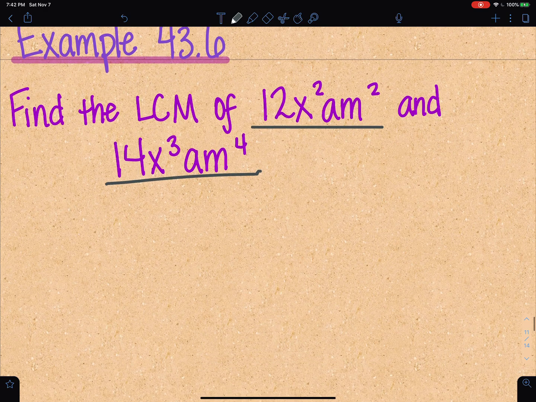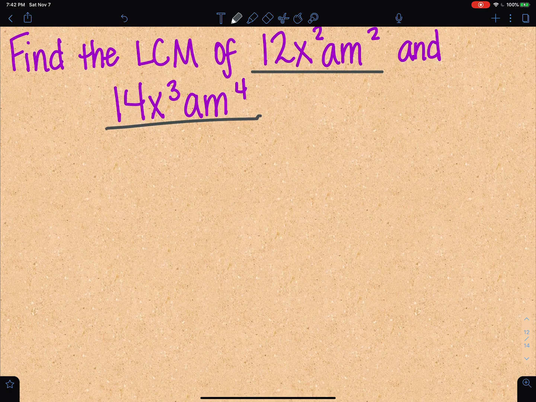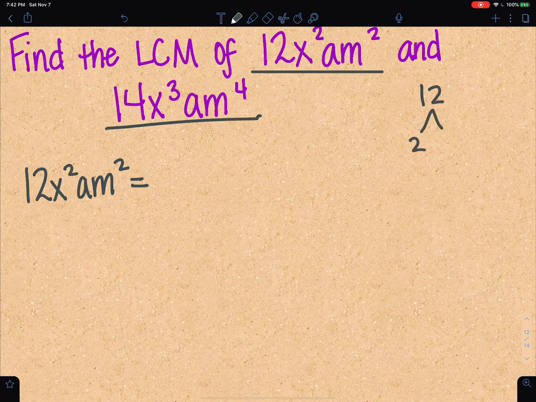All right, so let's start with 12x squared am squared. Okay, 12, if I break that down, it's going to be 2 and 6. If I break down the 6, it's going to be 2 times 3. So my factors here are 3, 2, and 2. So I'm going to do 2 times 2 times 3.